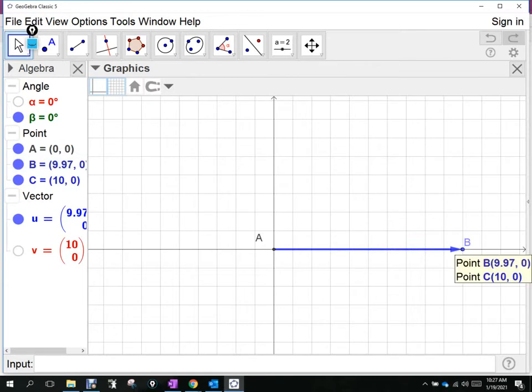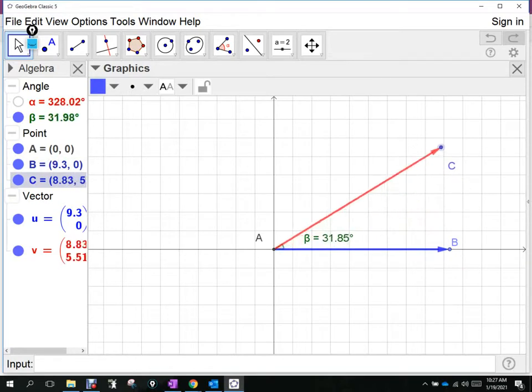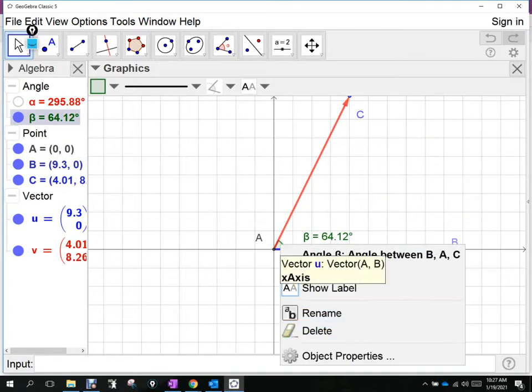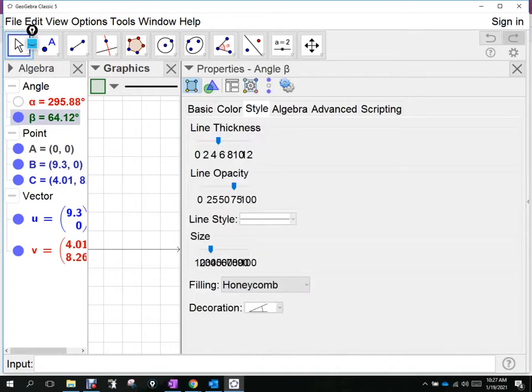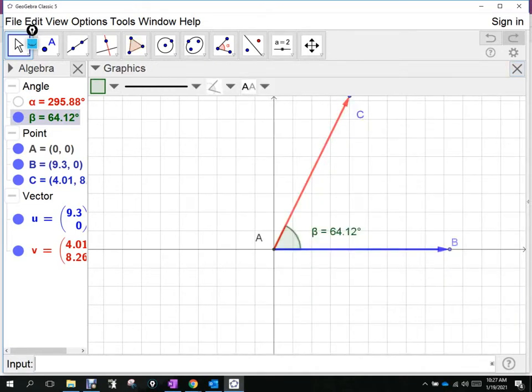Once we take that ray, which is going to be our initial ray, we're going to start rotating it. So I'm rotating it about, or around, the point A. And this green measurement is the measurement of rotation that the red ray took to get where it's at, from being the initial ray to where it is now.